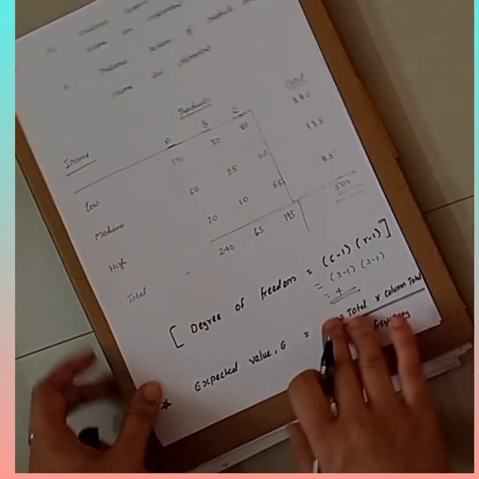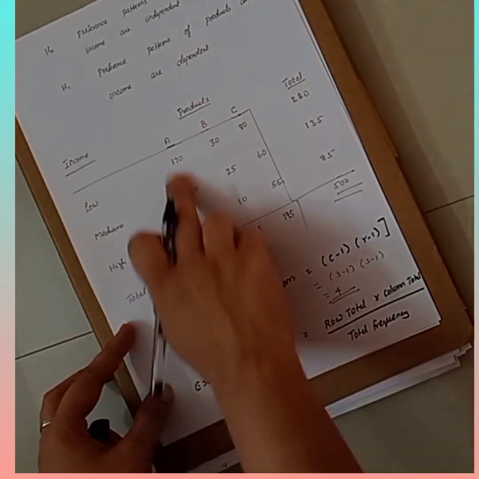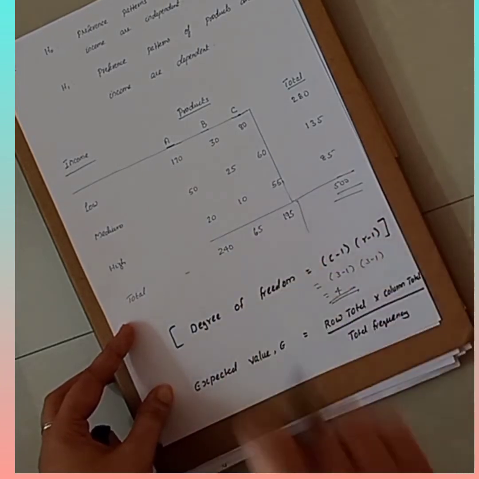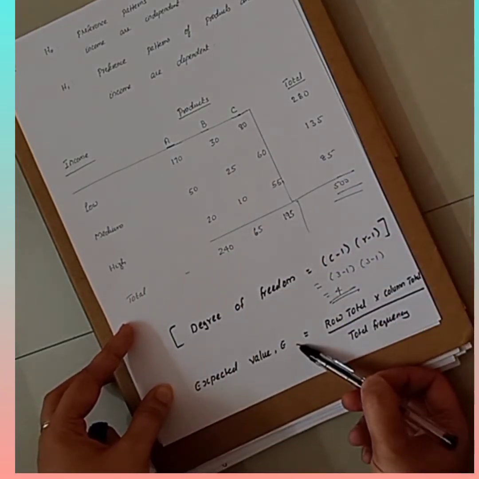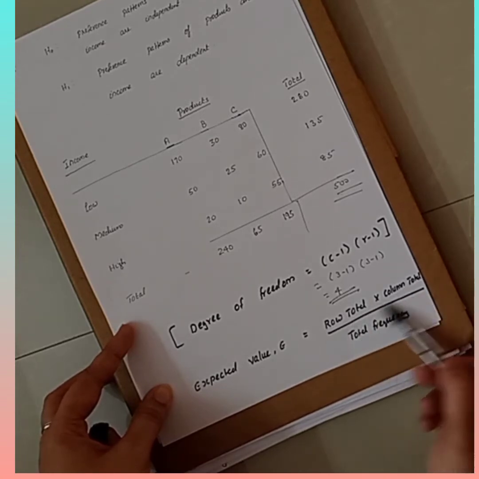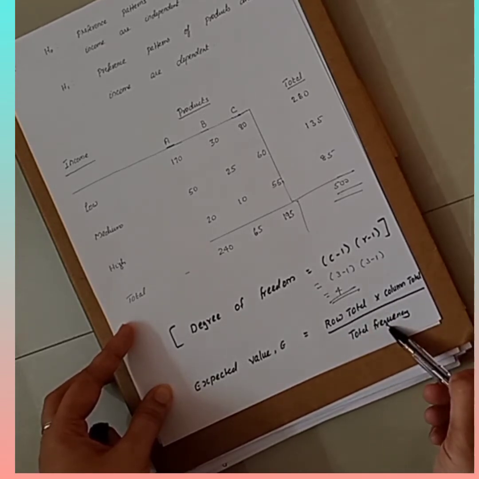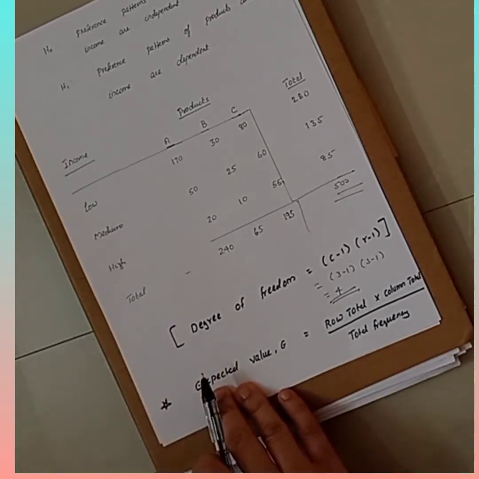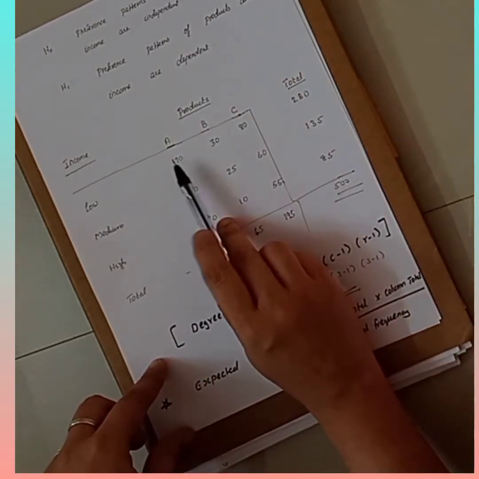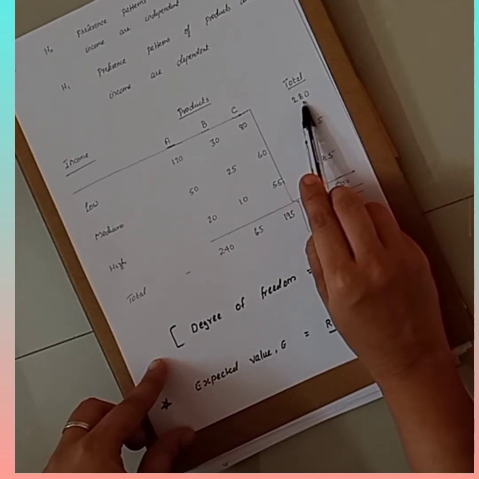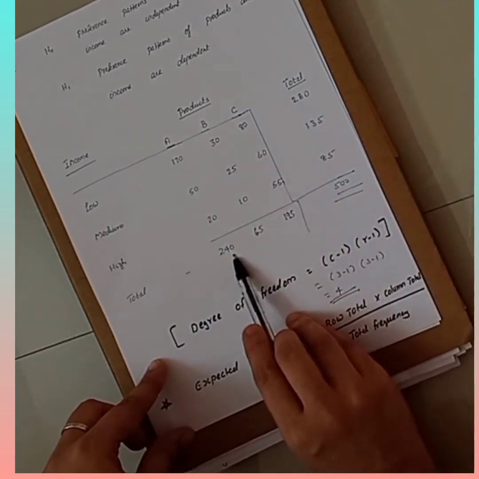Now we need to calculate the expected frequency. Whenever a problem is given in this manner, in a categorical, tabular form, the expected value E is calculated with this formula: row total into column total divided by total frequency. That means for the first observed frequency, that is 170, the row total is 280 and the column total is 240.